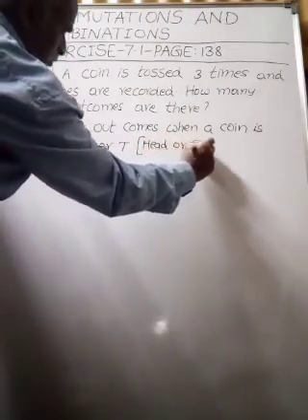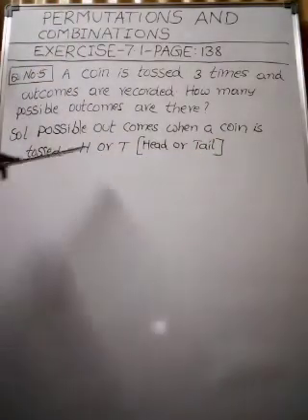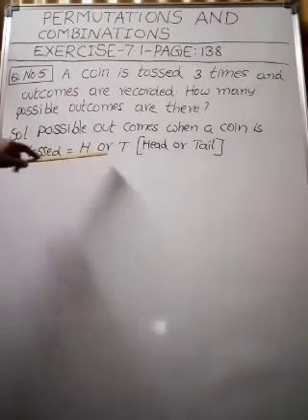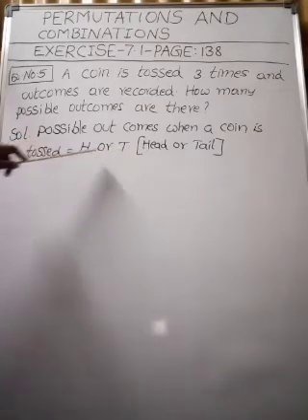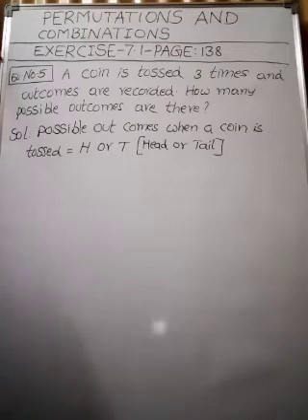For our convenience, I wrote H. H stands for head and T stands for tail. Okay, my dear children, only two possibilities. But here a coin is tossed 3 times. How many times is the coin tossed? 3 times. Then we have to find the number of possible outcomes.